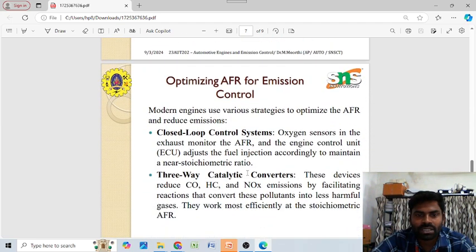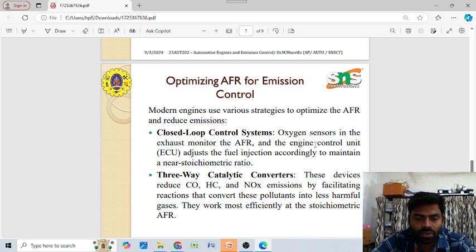And then the next topic is optimizing air fuel ratio for emission control. Modern engines use various strategies to optimize the air fuel ratio and the emission. The first one is the closed loop control system. An oxygen sensor in the exhaust monitors the air fuel ratio.